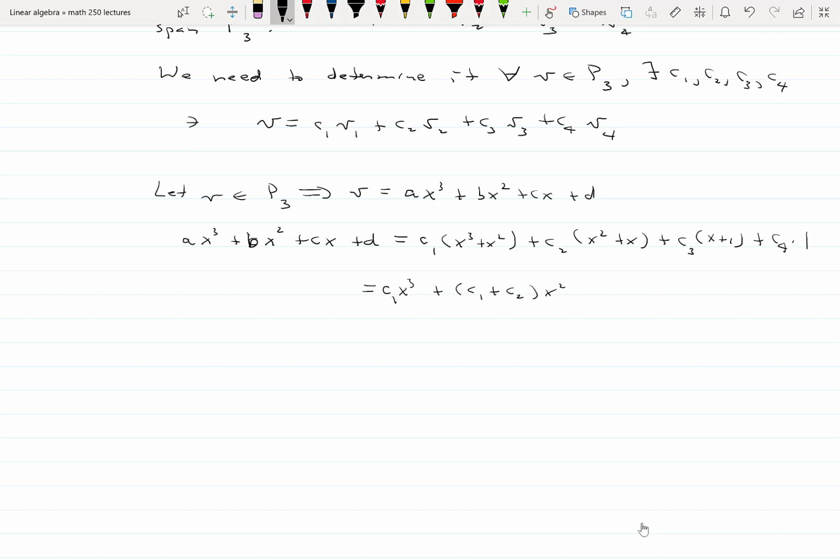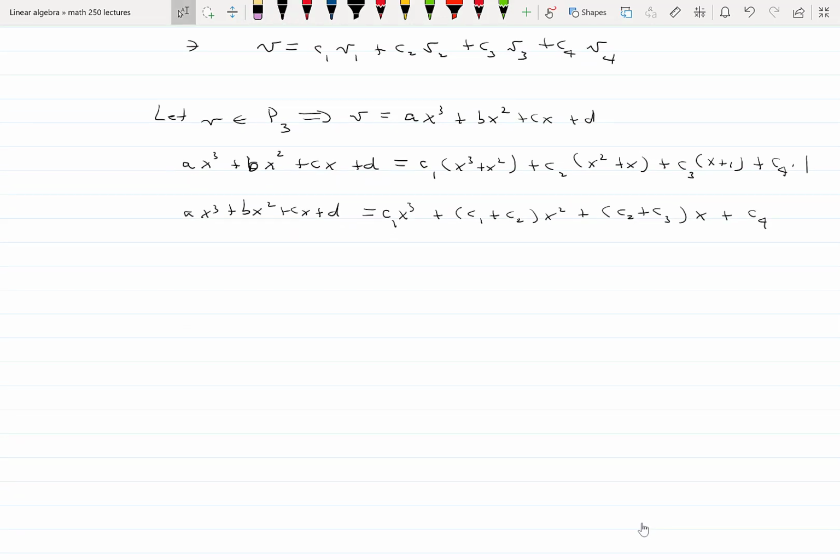Now let's take a look at the coefficients of x, plus C2 plus C3 x. And let's look at the constant coefficients, plus C4, it's all by itself. And that needs to equal the ax cubed plus bx squared plus cx plus d.